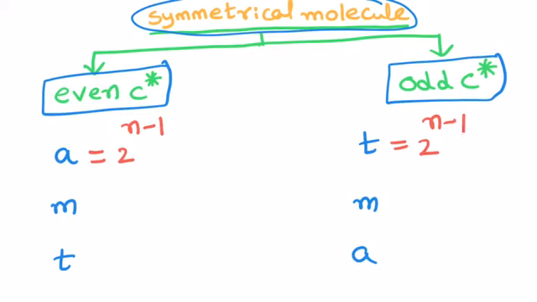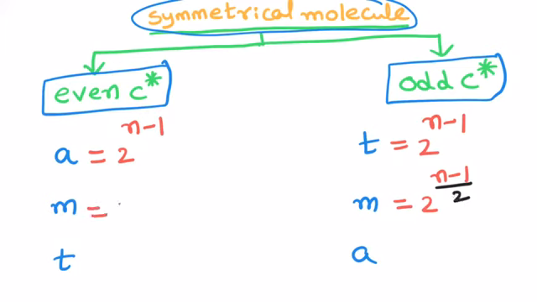Okay. And next, for odd number of chiral carbons, the number of meso compounds is equal to 2 power n minus 1, but you can write it divided by 2. Understood? You can write it as it is, but you can write divided by 2. What about an even number?